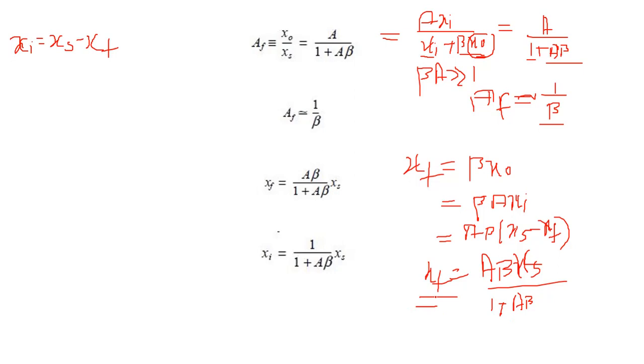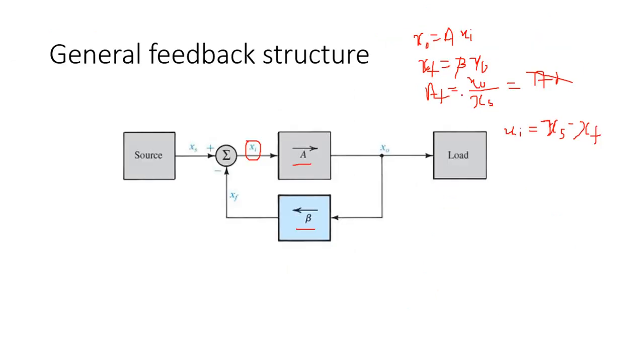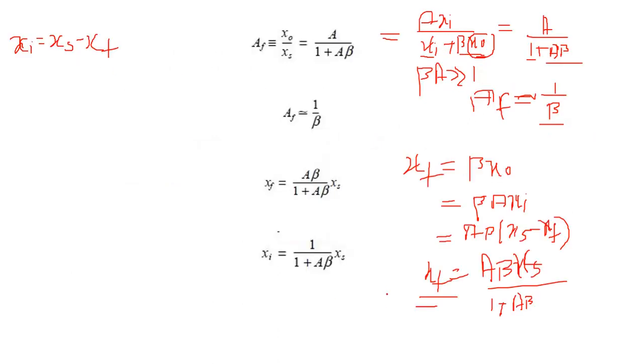What is Xf? Xf is beta into X naught. And what is X naught? X naught is A into Xi. You can substitute this X naught from this particular equation, and then we can get Xf. So finally we can solve for Xi directly.